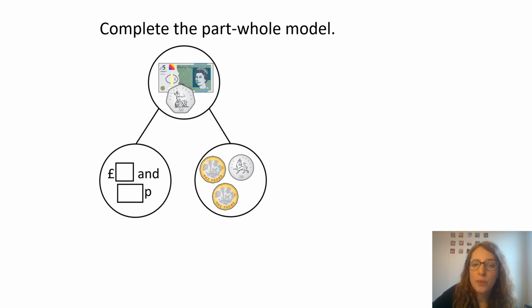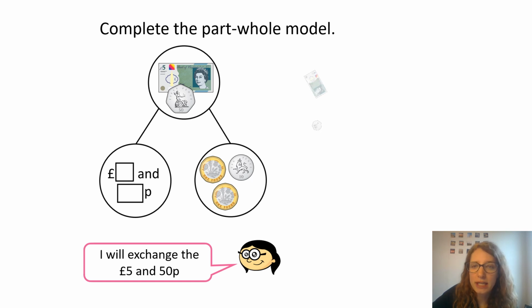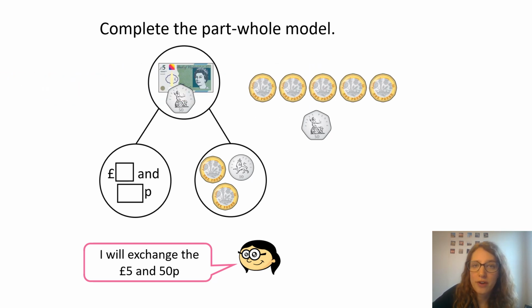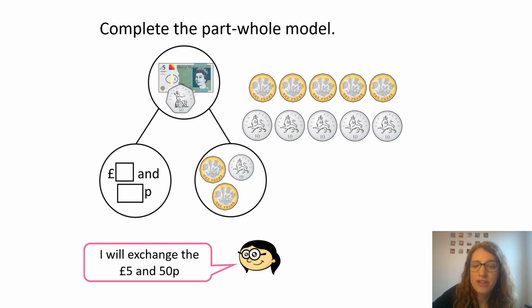Okay, and what we're going to do is exchange our top one for some coins that are a bit easier to use. So I'm going to swap or exchange the £5 note for 5 £1 coins. And I'm going to do the same for the 50 pence. So I'm going to swap the 50 pence for 5 10 pence coins. Okay, so that is our whole amount.